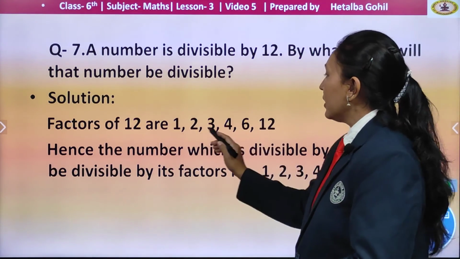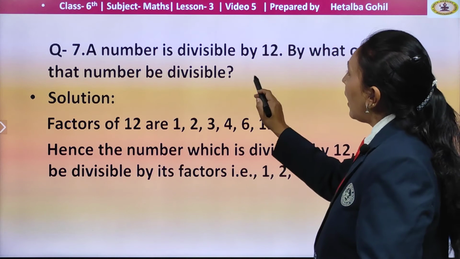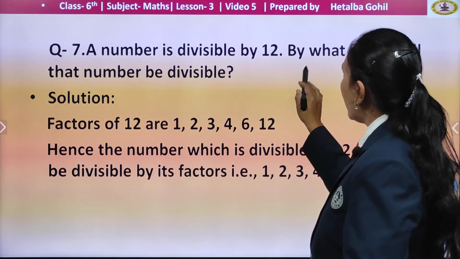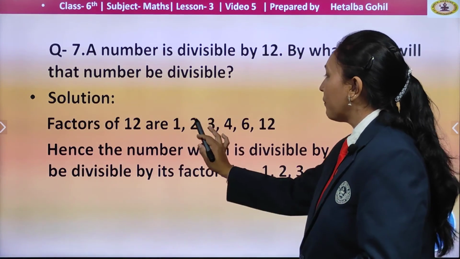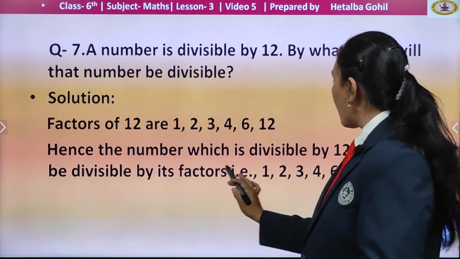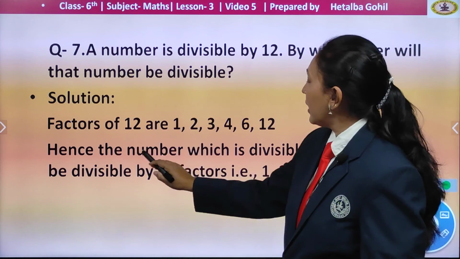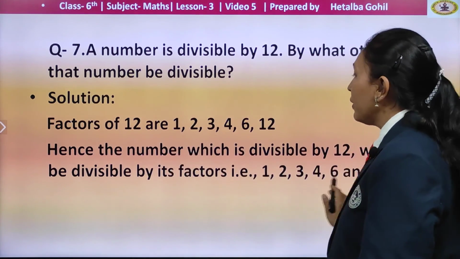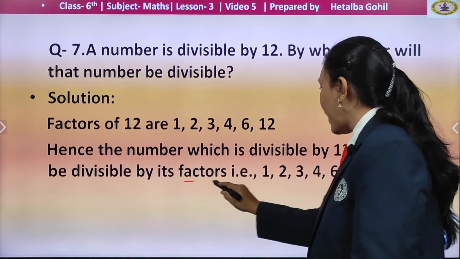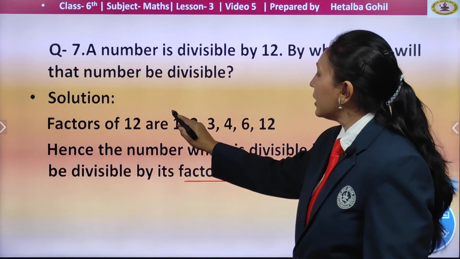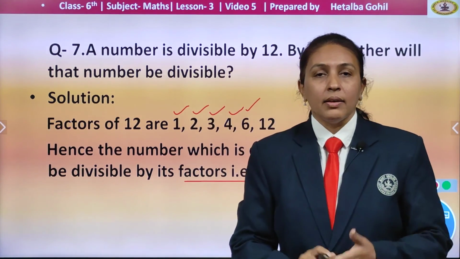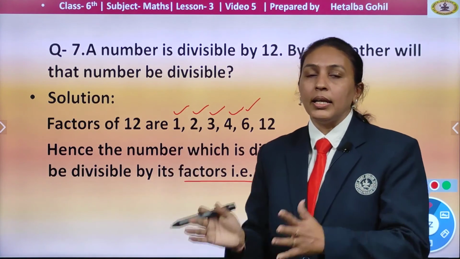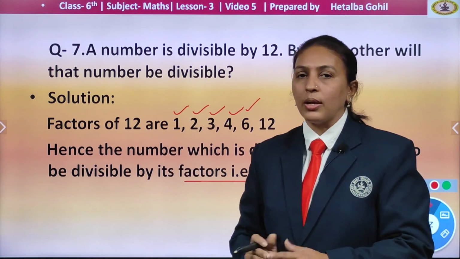Now, as we have to find other numbers that will divide it, any number which is divisible by 12 will also be divisible by its factors, that is 1, 2, 3, 4 and 6, which are the factors of this number.